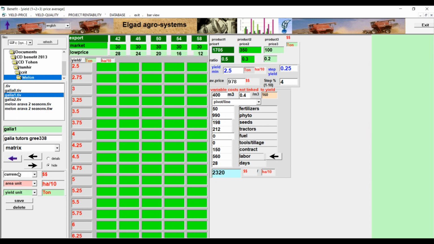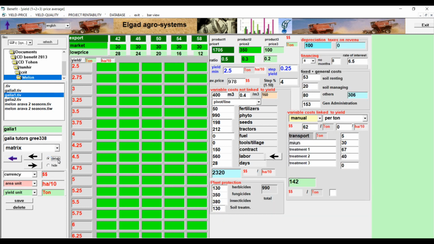Now what we can see, dollar per hectare per 10 ton. We have melon for export, the market, and local and low price, and the total is 100%. And we can change the percentage for each one of them, that will generate different prices, the combined prices.